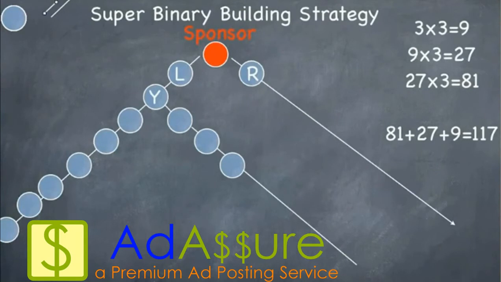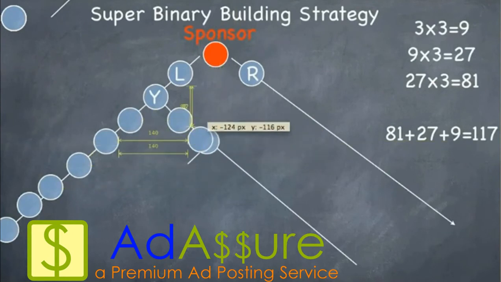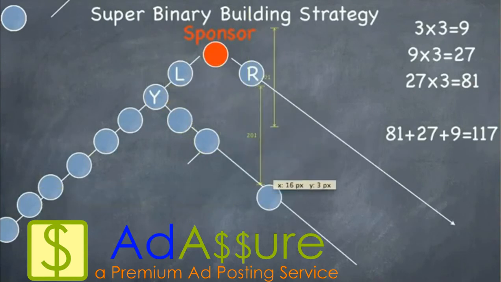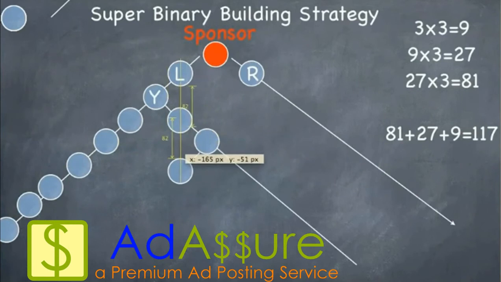If he doesn't do that, and let's say this guy is his first recruit, okay, but instead of putting him on the power leg, he decides, you know what, I think my sponsor here is going to keep on recruiting people over on my right, so I don't have to do anything. So I'm just going to put this guy first on the right.